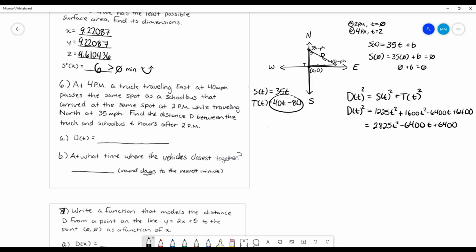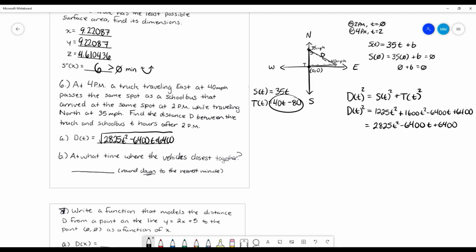And obviously our actual distance is going to be the square root of all of this because this is squared. I'm going to write that in my square root because that is going to be our distance. That's all, square root, because it's d of t that we're looking for, not d of t squared.